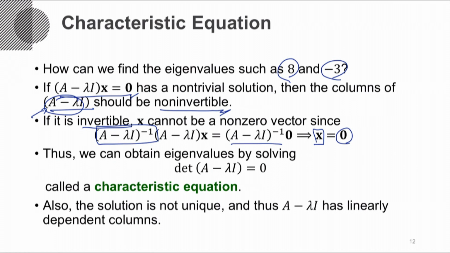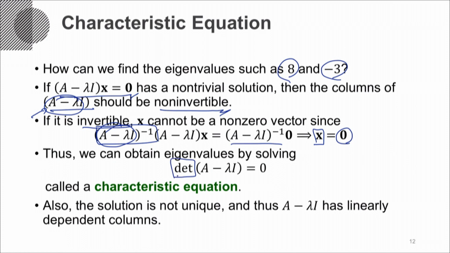So in order to have a non-zero solution, A minus lambda I should be non-invertible. In this particular case, we can determine whether A minus lambda I is invertible or not based on something called the determinant.